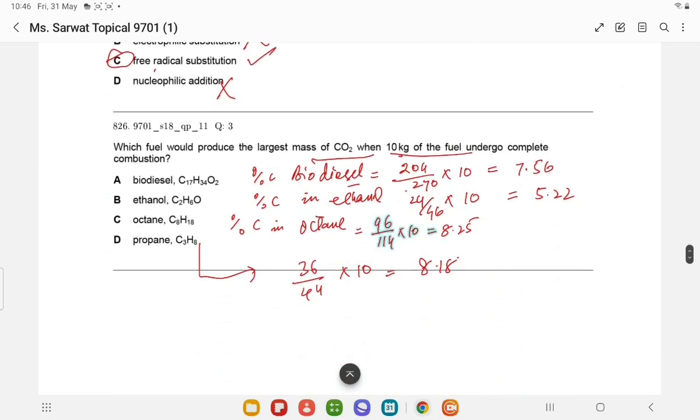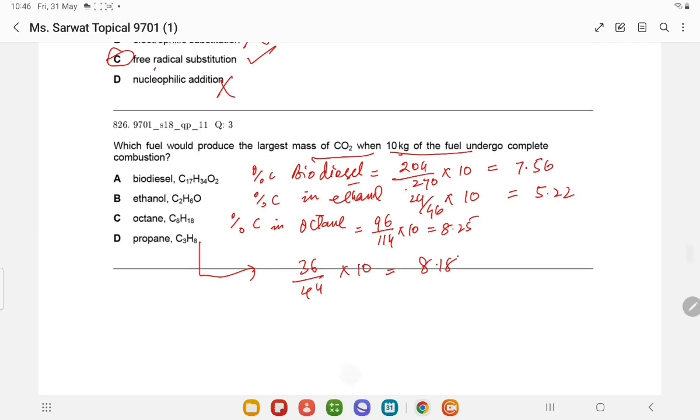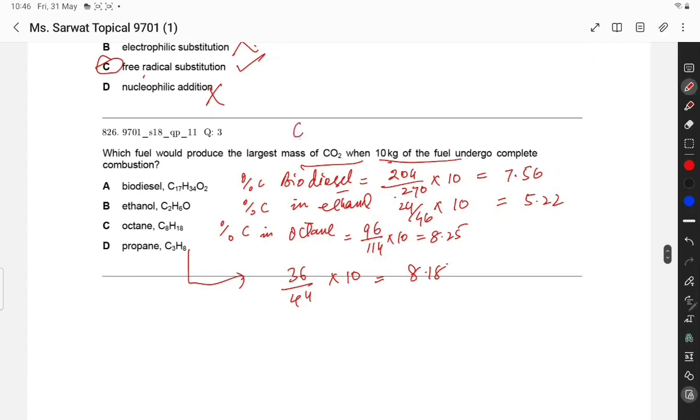So next question is which fuel would produce the largest mass of carbon dioxide when 10 kg of the fuel undergoes complete combustion? So the mass of carbon is 204, we have 17 carbon, 12 into 17 is 204, and 270 is the molecular mass Mr of the compound, into 10 kg.